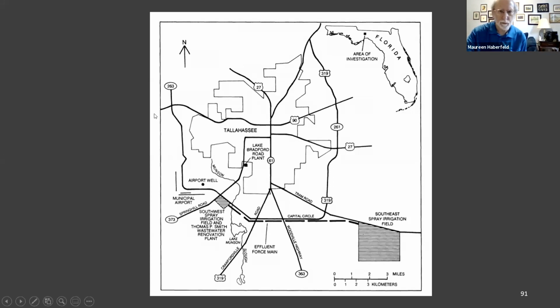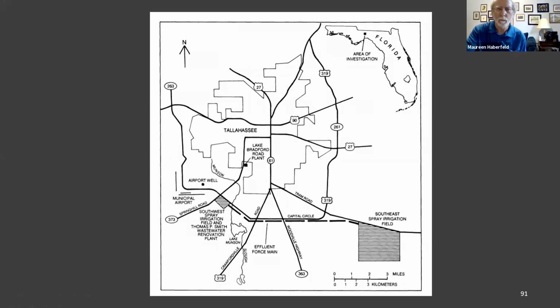This is a map of Tallahassee. The wastewater treatment plant is where I'm moving my cursor. It's near the airport. After the water is treated, it is not discharged anywhere near there. It is sent through a transmission line to what we call a spray field. It's where a farmer or farmers actually rent the land and they grow crops there.